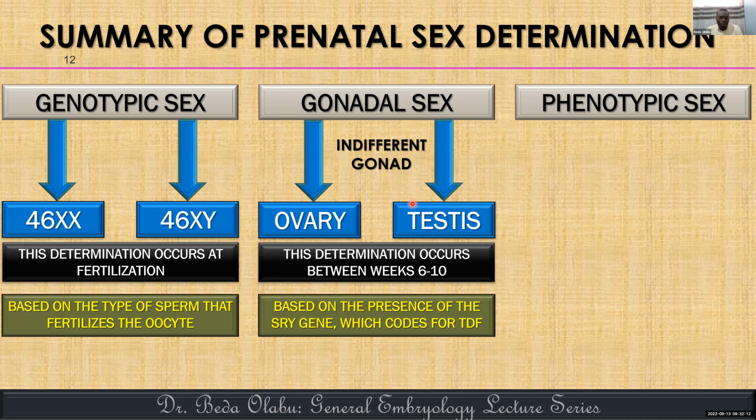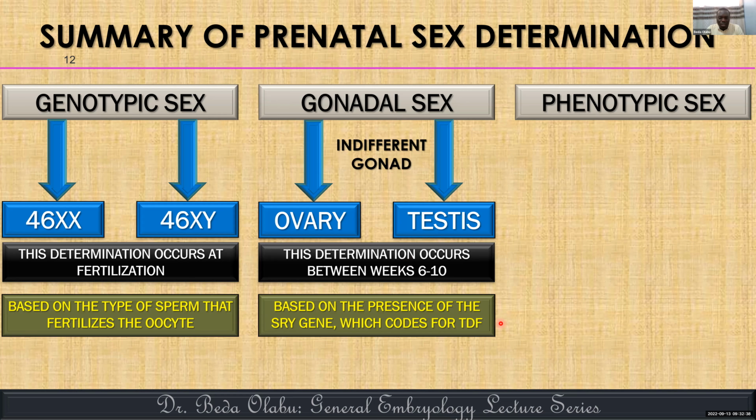Therefore, in a situation where the baby is 46XY genetically male, the SRY gene will be present, and so it will code for TDF. And so TDF will direct the indifferent gonad of that embryo to become the testis. Things are aligned.